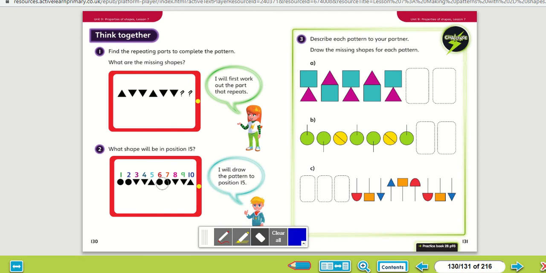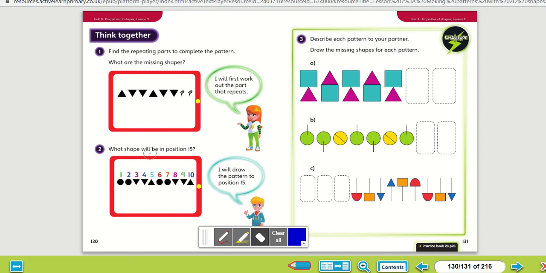Then again 2 circles, they are repeated, and 2 upside down triangles repeated and 1 regular triangle. Then what's next?